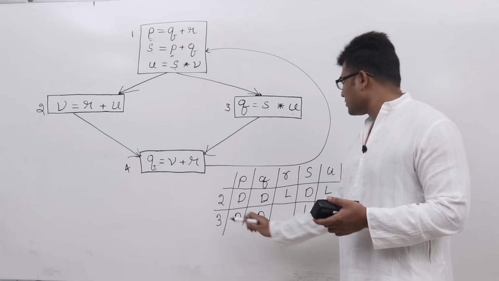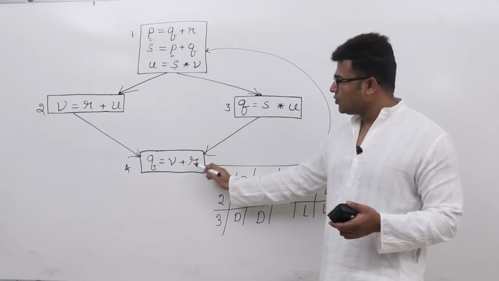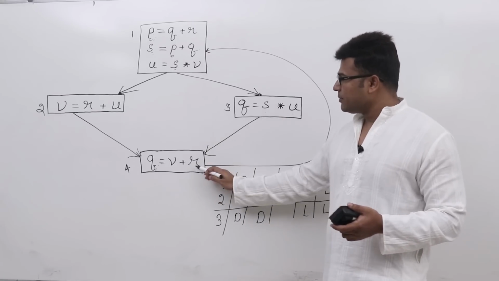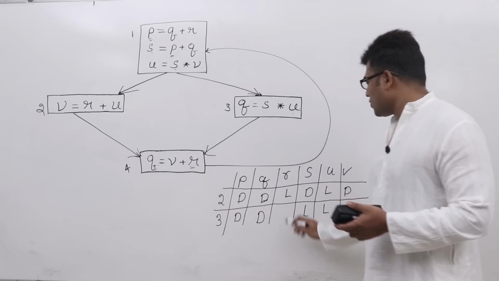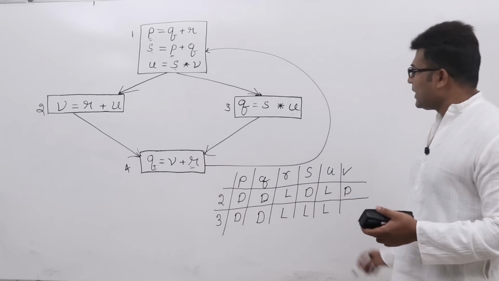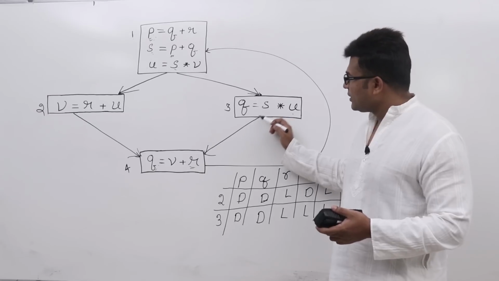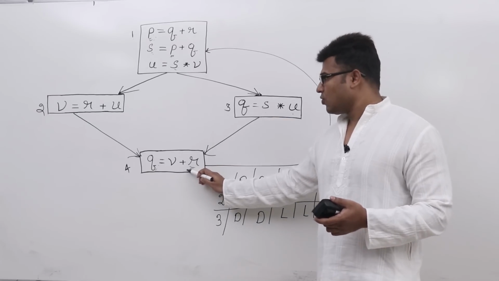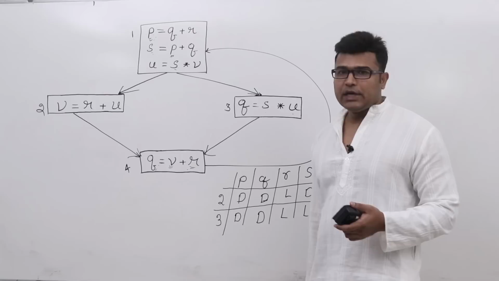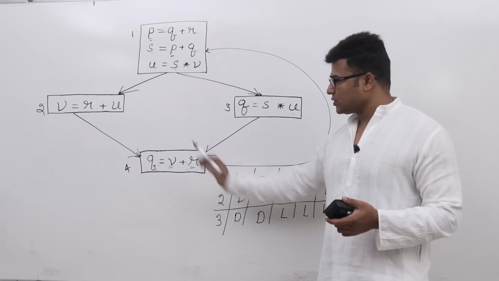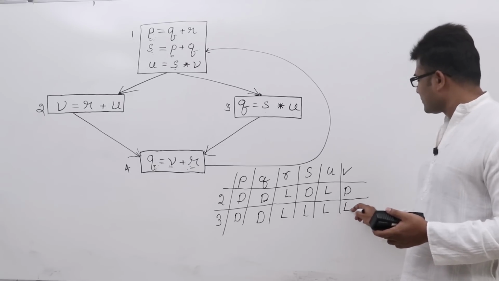What about R? From 3 it is going to statement number 4, where R is used, therefore R is live. Now what about V? From 3 we are going to statement number 4 and V is used there. Therefore V is live, because there are no definitions of V in between.